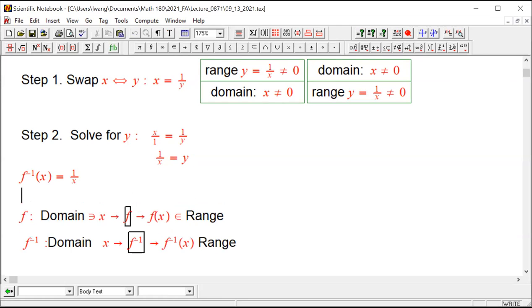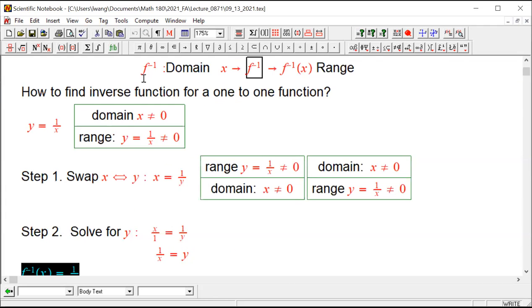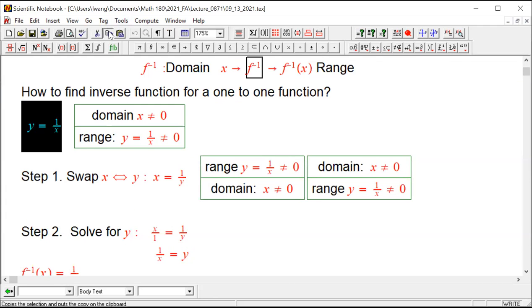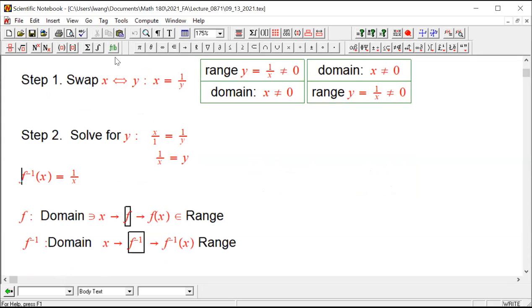The function is this, and the inverse is this, right? So now we know everything about this function. These are 2 functions. They are inverse to each other. Let's see what other properties we have for them.